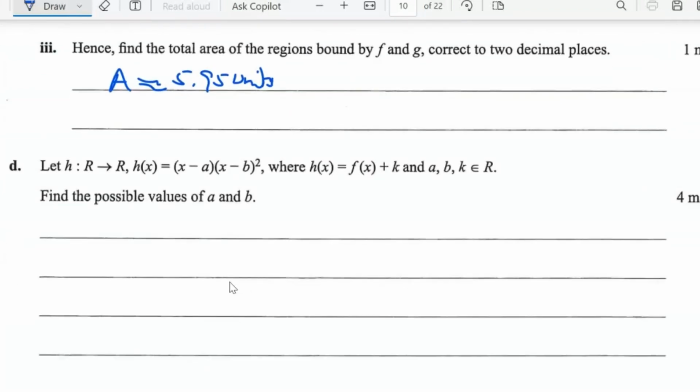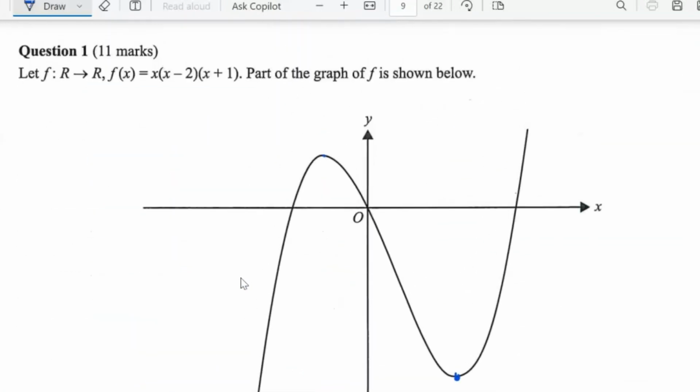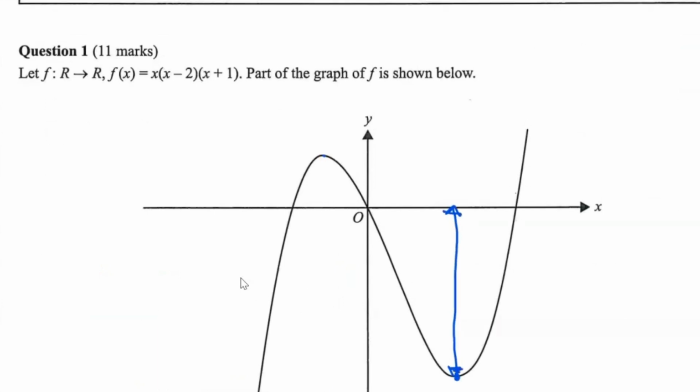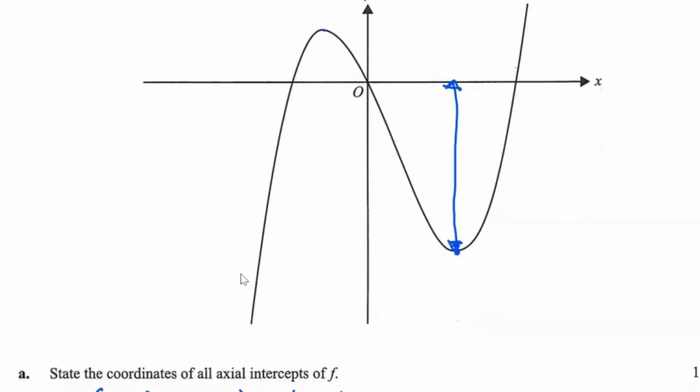The next bit: find the possible values of a and b, in that format, where h of x is f of x plus k. So k is a translation, units up or down. The distance that has been moved up is basically the y. If it has been shifted down, we make it positive, and that's our k value.